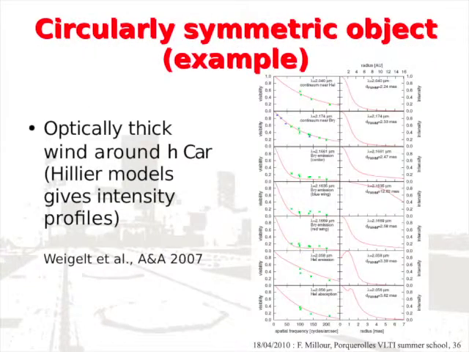An example of application is for special types of star. This is an LBV star, a luminous blue variable star, which has a quite complex shell around it.